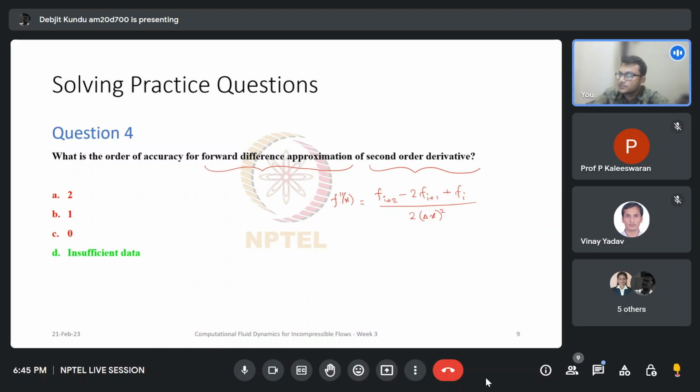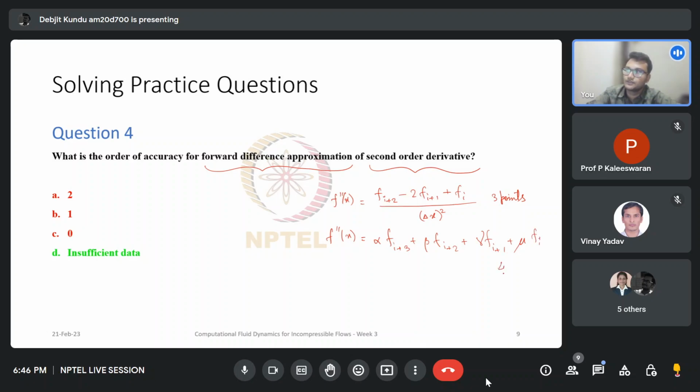Is there a two, or is it just delta x squared? I think there is no two. Yeah, there is no two there. So this is what we can do using 3 points. What if I did this? So I'll discretize it like this: alpha f(i+3) plus beta f(i+2) plus gamma f(i+1) plus mu times f(i).